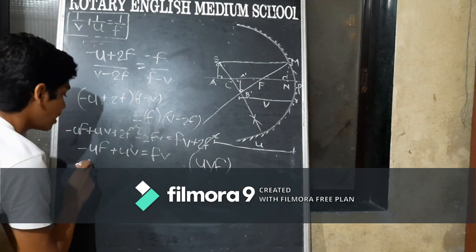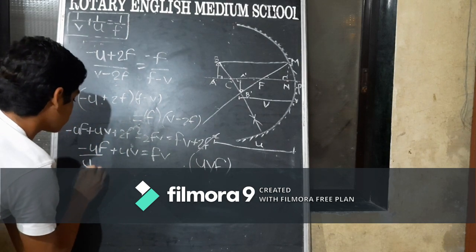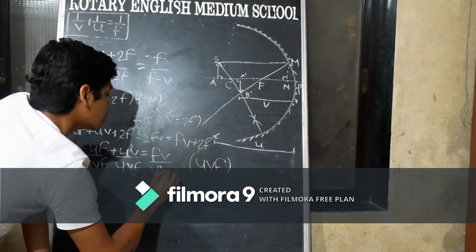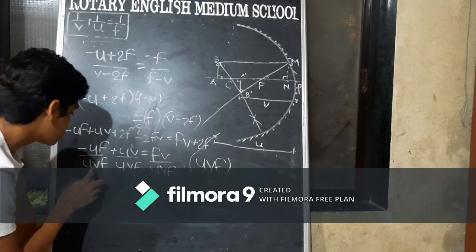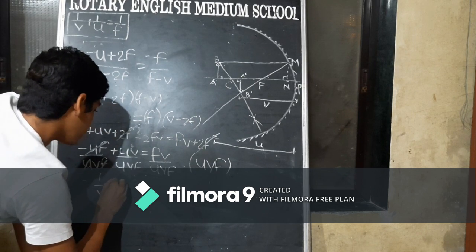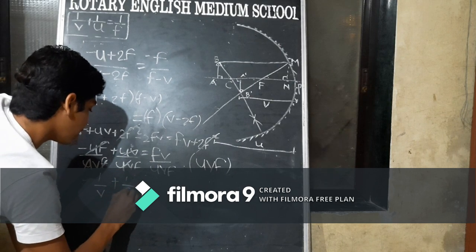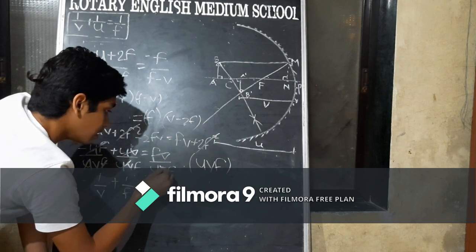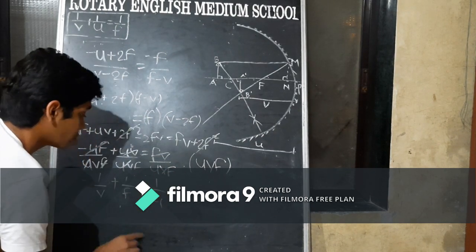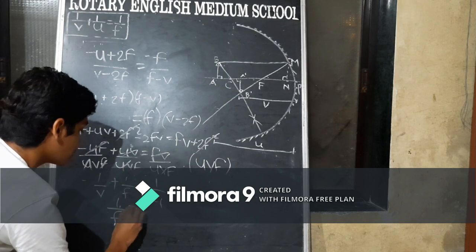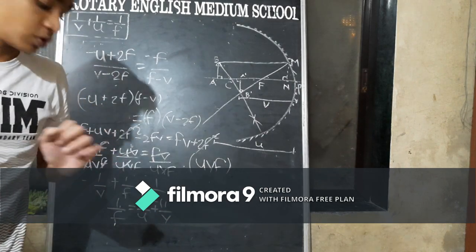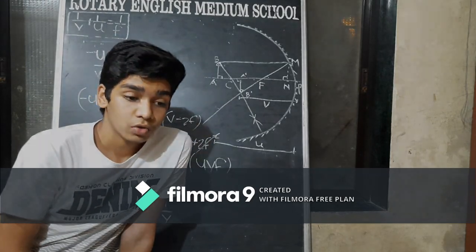Dividing the whole equation by UVF, here UF will be cancelled, giving 1 upon V with negative sign, and UV cancelled, giving 1 upon F, equals 1 upon U. So 1 upon F equals 1 upon U plus 1 upon V. Hence proved. So we have proved the mirror formula. So that's all, guys.